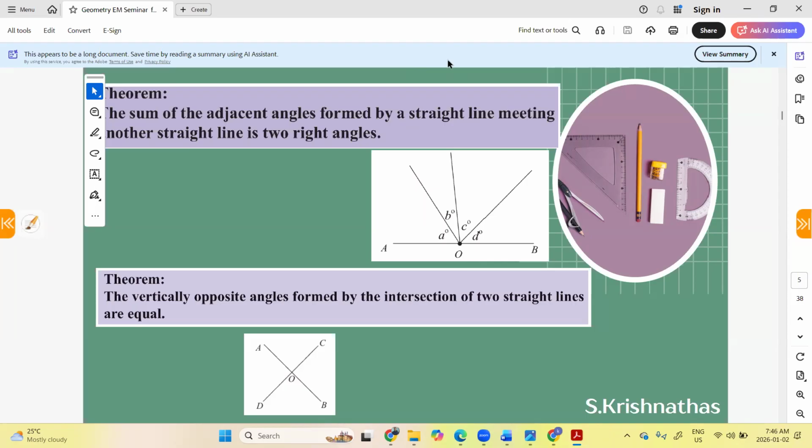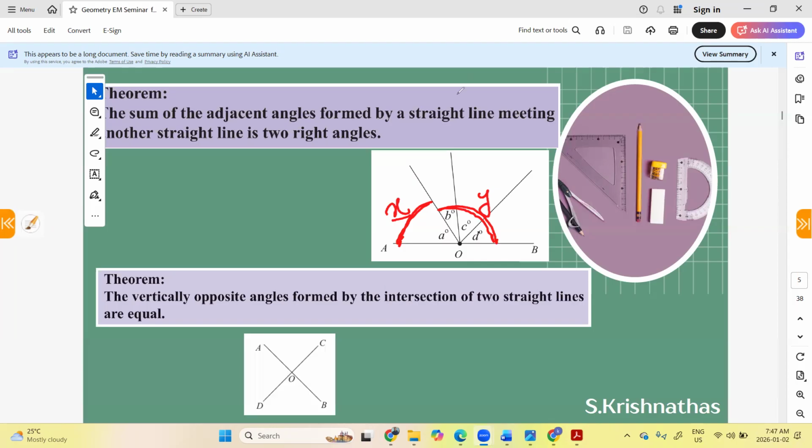Here they mention adjacent angles. So this one and this one are adjacent angles. These two adjacent angles are 180. These two adjacent angles lie on a straight line. So if you mention this one x and this one y, x plus y is 180.